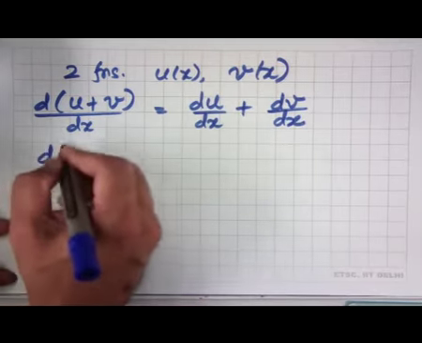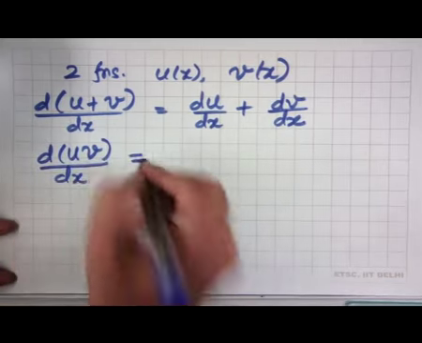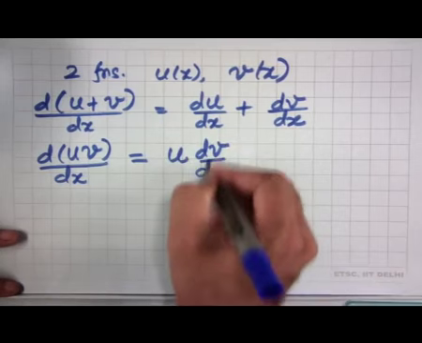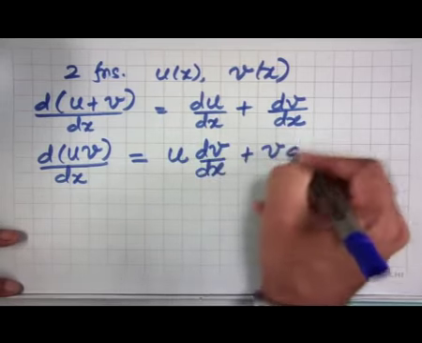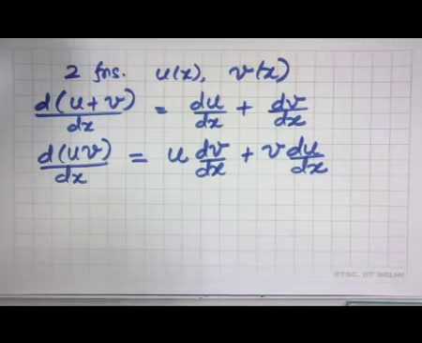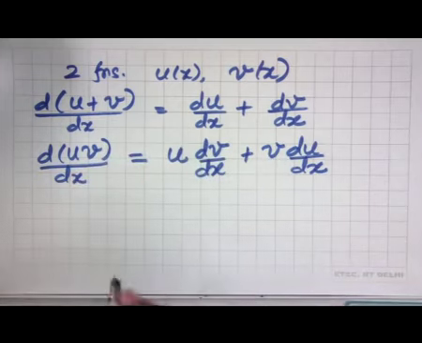For product we have a different rule. If we have the product of u and v, then the derivative of this is given as u times dv by dx plus v times du by dx. So, this does not follow the same rule as we had for addition, but the derivative rule for product is in this form.